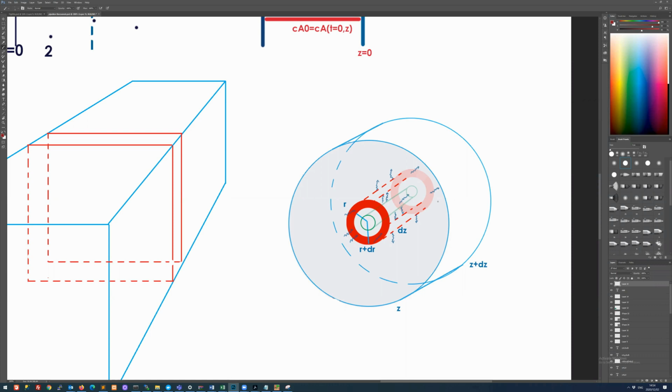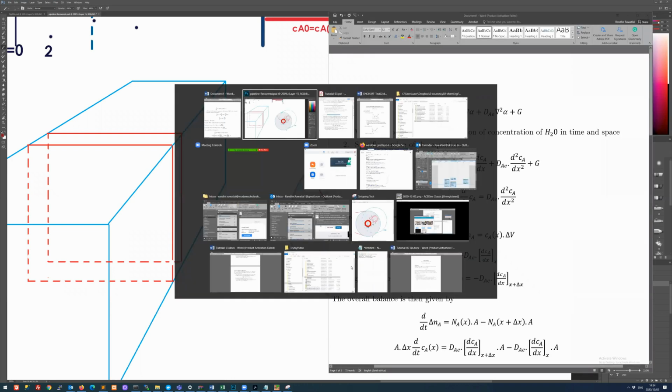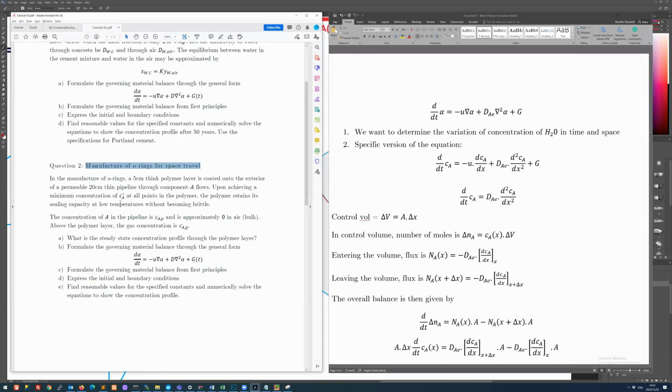And then, of course, we have to choose our control volume and so on. So in this O-ring, we are interested in the variation of concentration across the O-ring itself. It's empty in the center, but through the O-ring there exists some concentration profile, and we want to determine what that is. So let's read what the problem says about that.